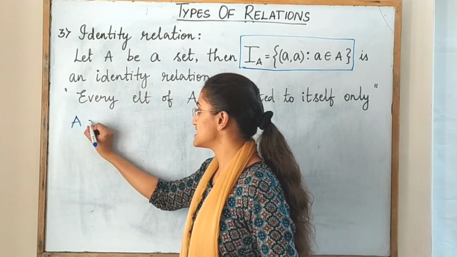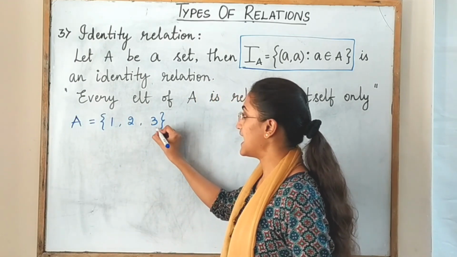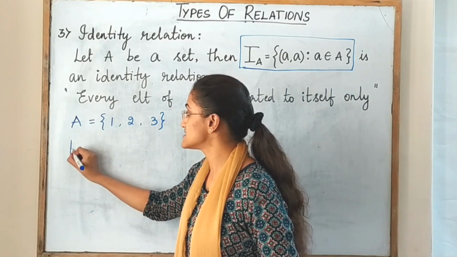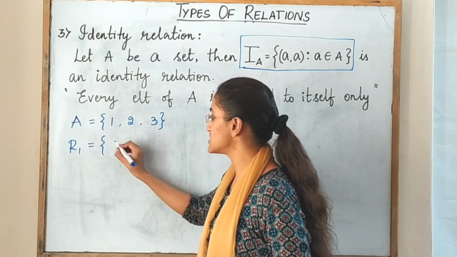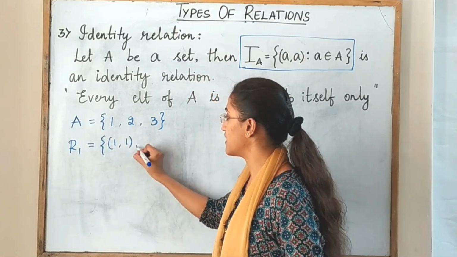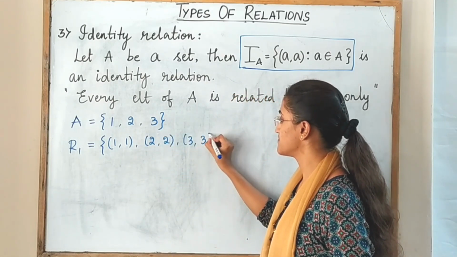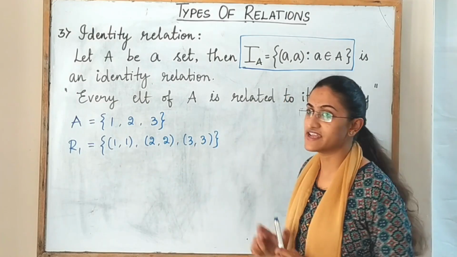If A is a set 1, 2, 3, and if I am defining the relation on A as R1, and the relation is of the form 1, 1, 2, 2, and 3, 3, such types of relations are called identity relations.